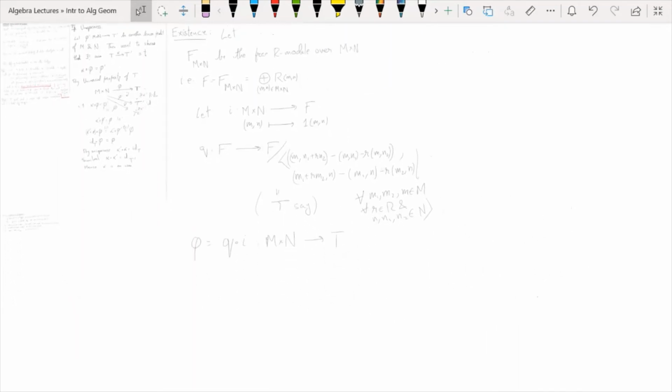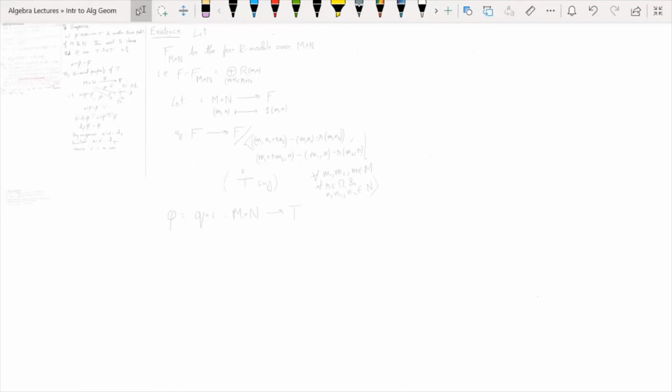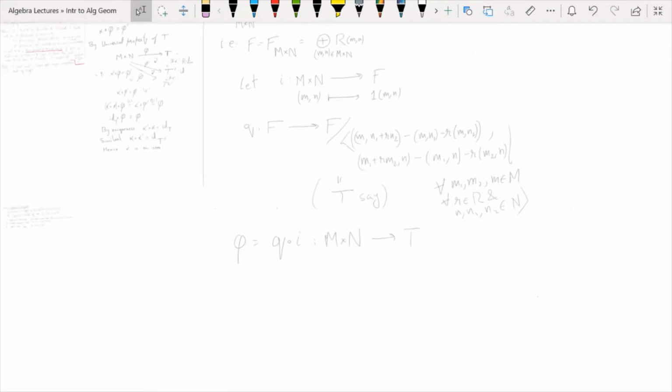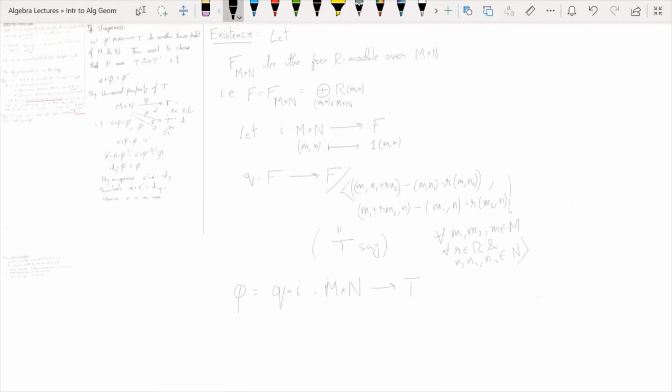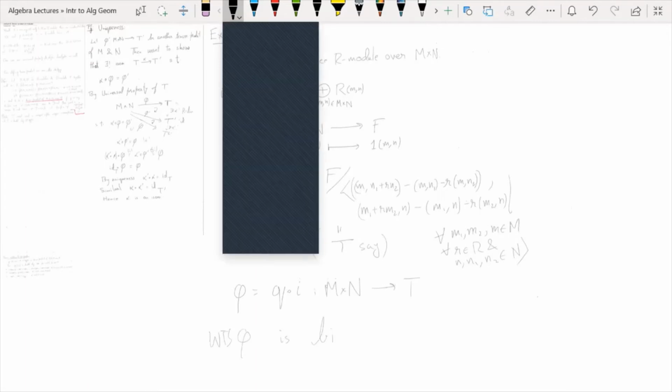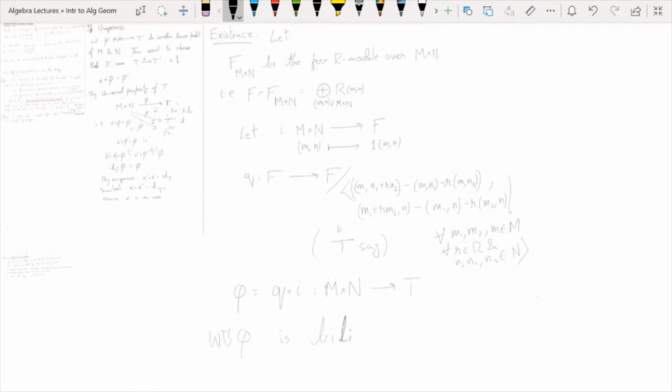So we'll have to show that phi is bilinear, and then we'll have to show the universal property. So maybe I can say what we are trying to show. We want to show phi is bilinear, and that T with this map phi has the universal property.